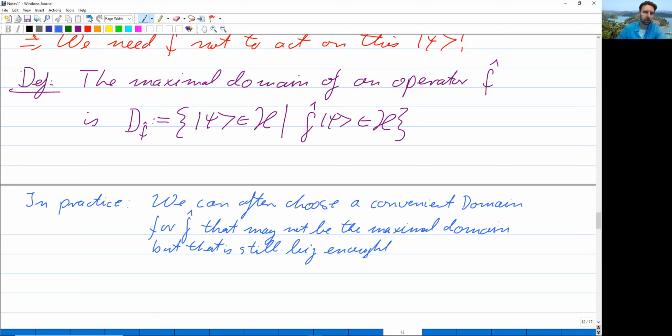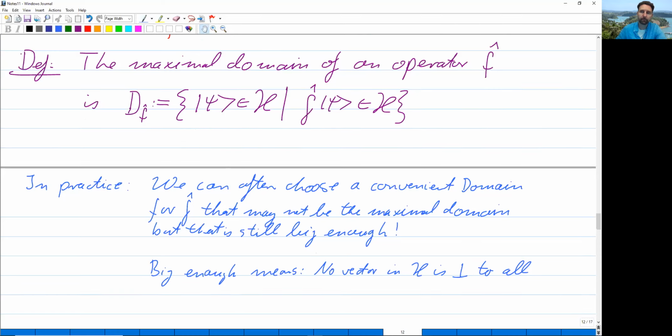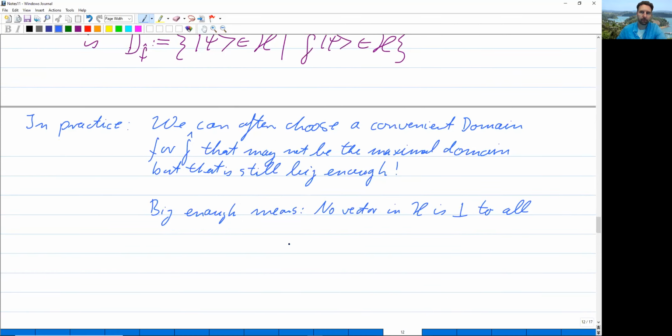Oh, I'm sorry about the handwriting here, but still big enough. Big enough means no vector in H is orthogonal to all vectors in the domain D.